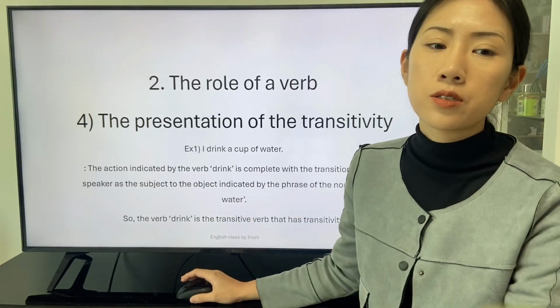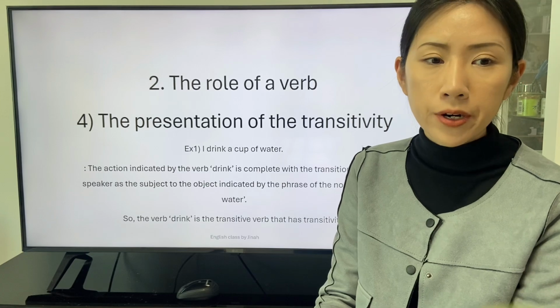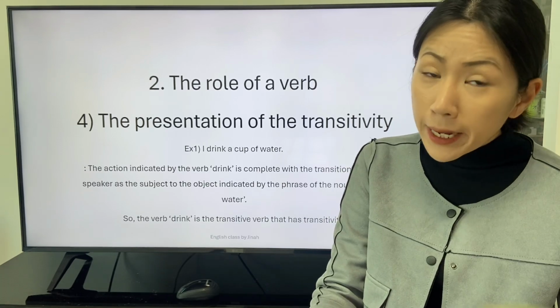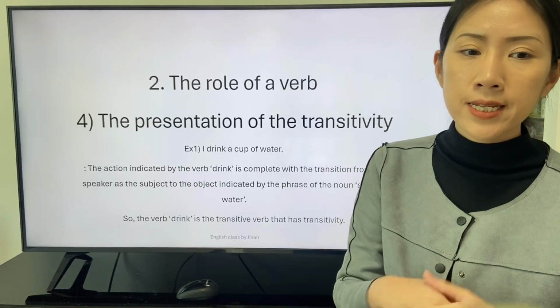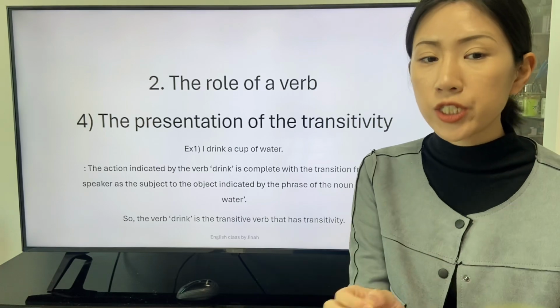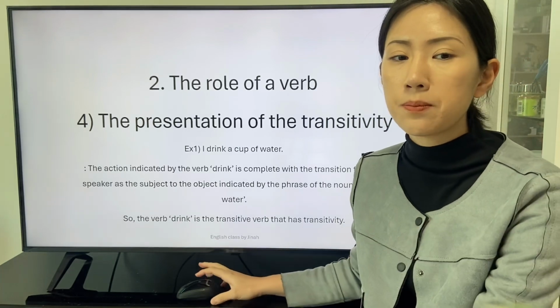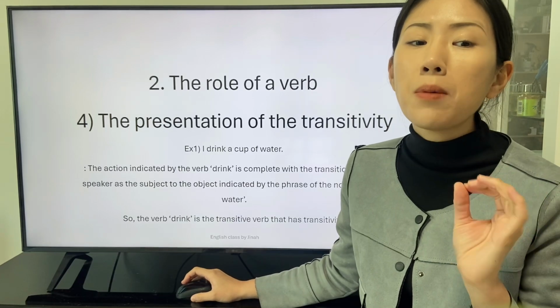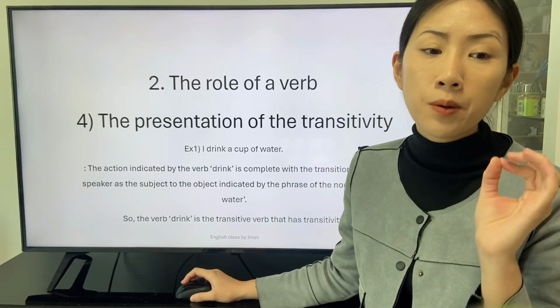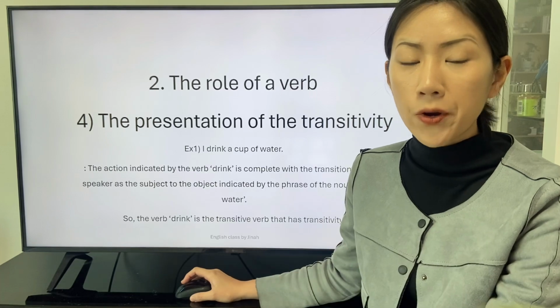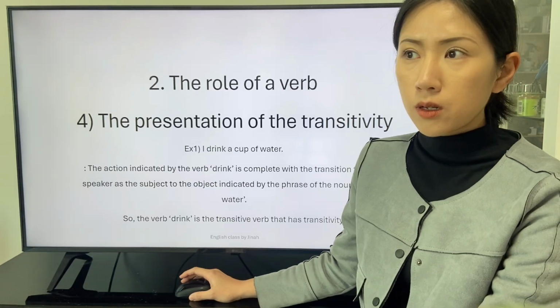There is a clause, I drink a cup of water. The action indicated by the transitive verb drink is complete with the transition from the speaker as the subject to the object indicated by the phrase of the noun a cup of water. So the verb drink is the transitive verb that has transitivity.